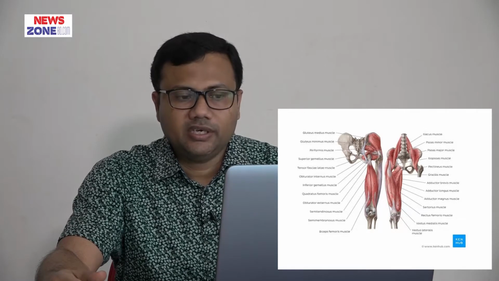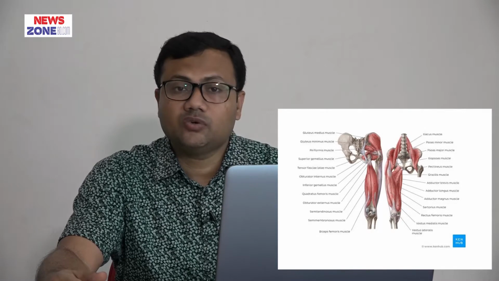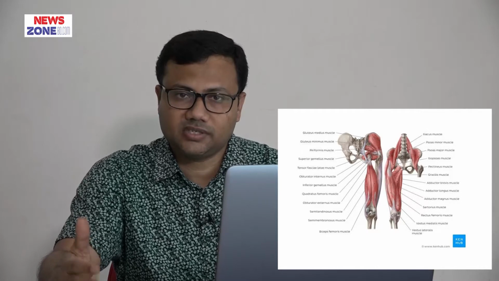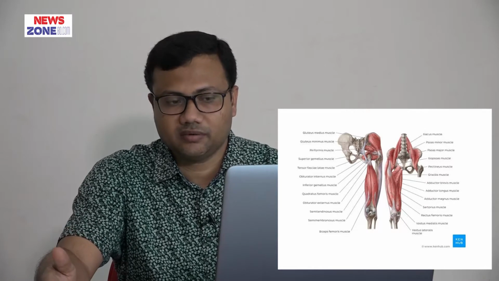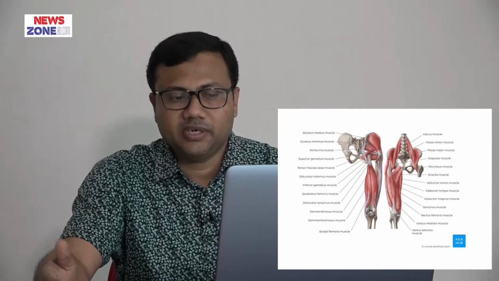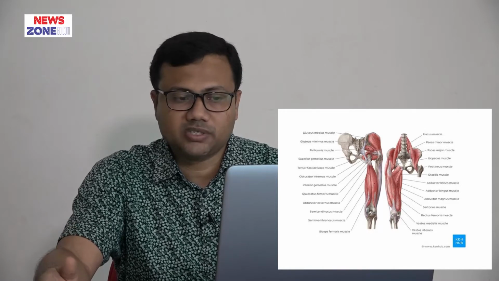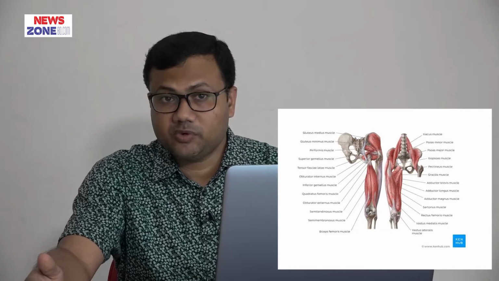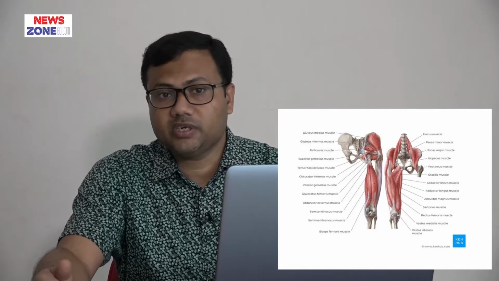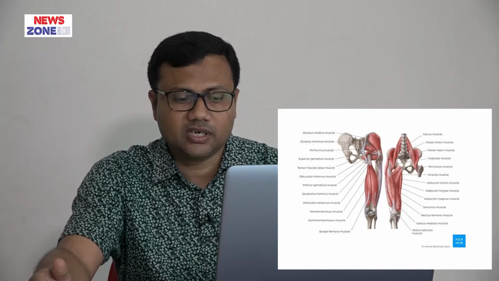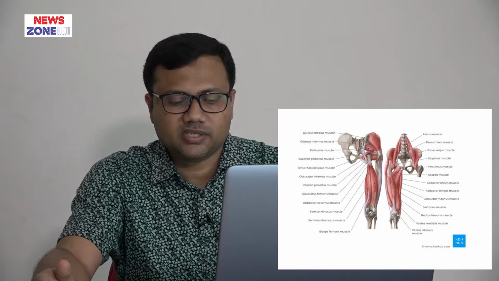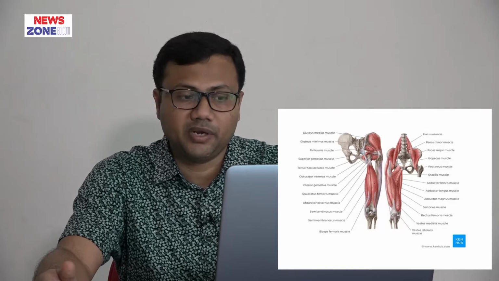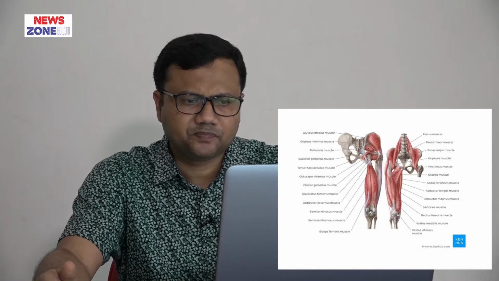Anteriorly there are a lot of muscles including rectus femoris, vastus lateralis, vastus intermedius and vastus medialis, and on the medial side there are also some major muscles, and posteriorly there is biceps femoris, semitendinosus, semimembranosus, etc. So, all these muscles have some role in fracture deformity and management of the fracture.